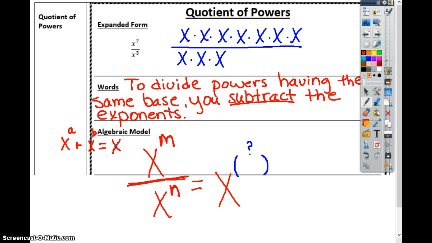X to the, not the c power, but the a plus b power. So with that knowledge, what's going to go in here? M minus n. Right, m minus n, because we subtract our exponents.